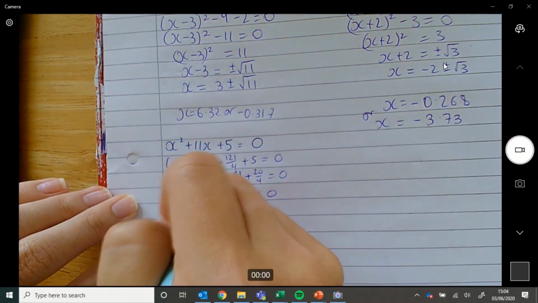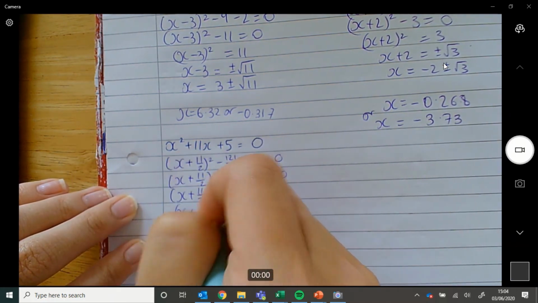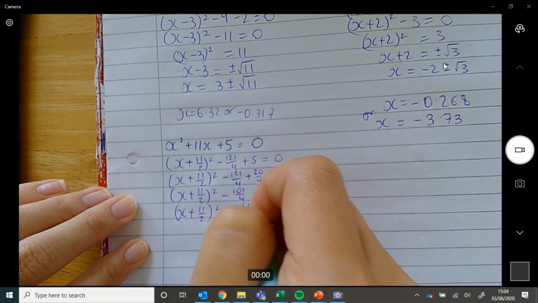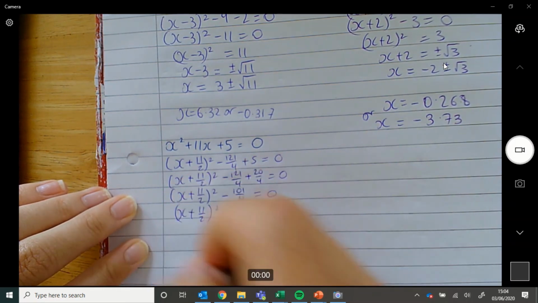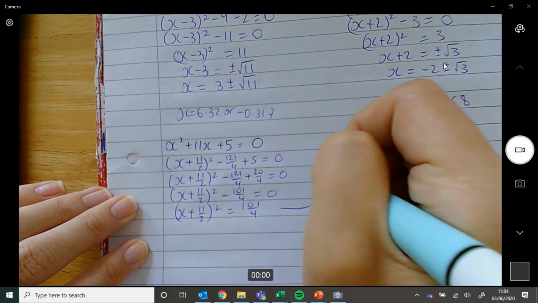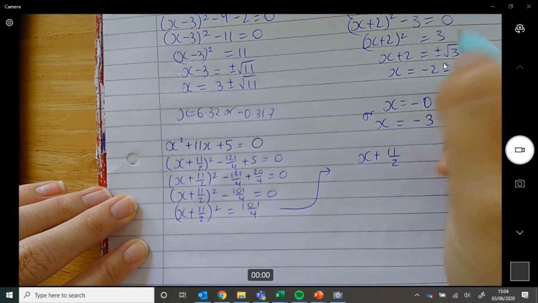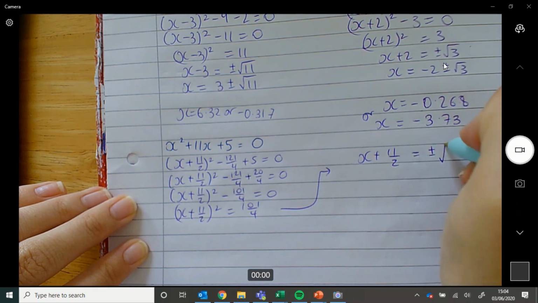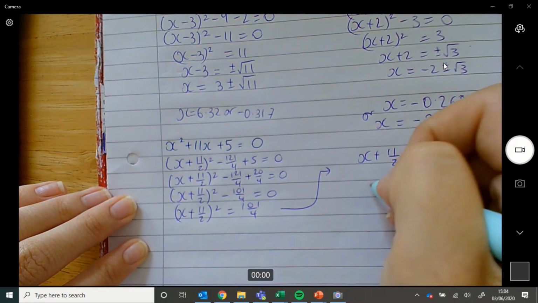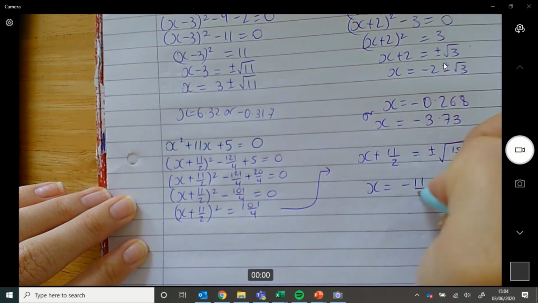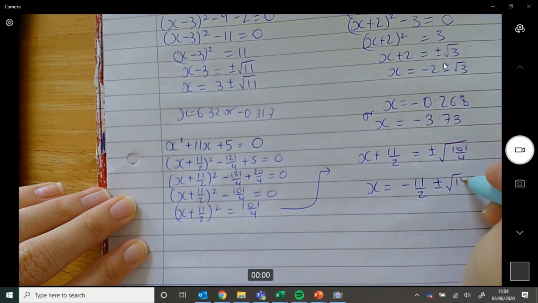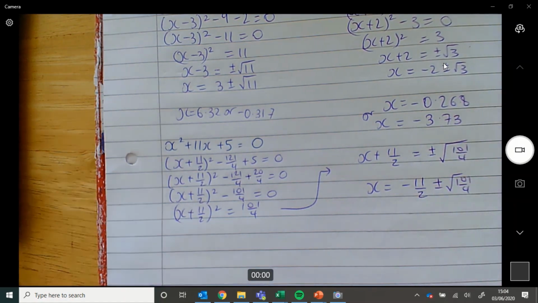Start rearranging. Square root. I'm going to just move over here just so I don't run out of space. And I'm going to take away the 11 over 2. And I'm going to type them both into my calculator.